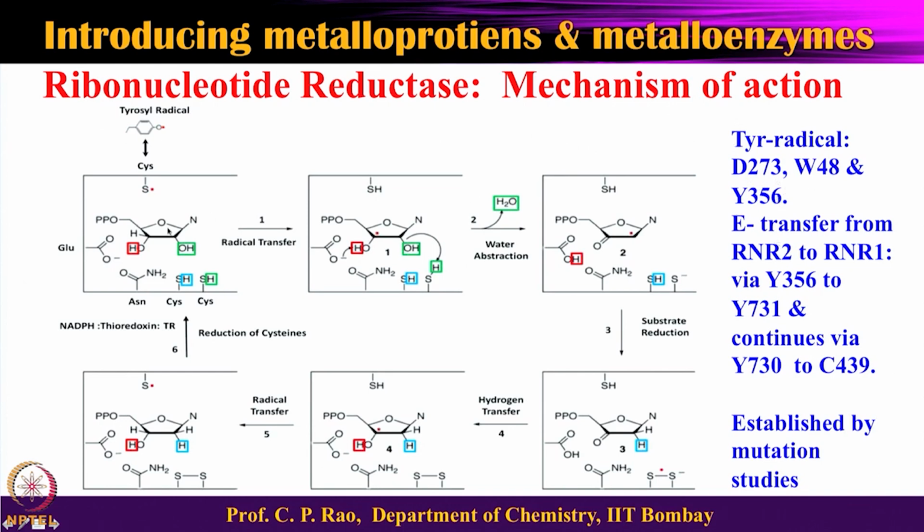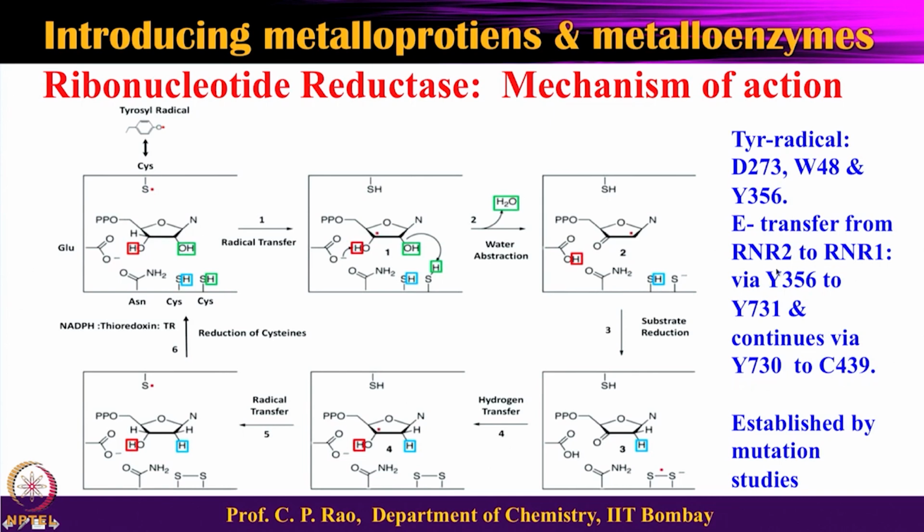And coming to the other part, the RnR1, there is an electron transfer, or radical transfer, going from the RnR2 to the RnR1. This whole region is RnR1. Here the radical transfer or electron transfer goes through tyrosine 356 and tyrosine 731, and continues via tyrosine 730 to cysteine 439.